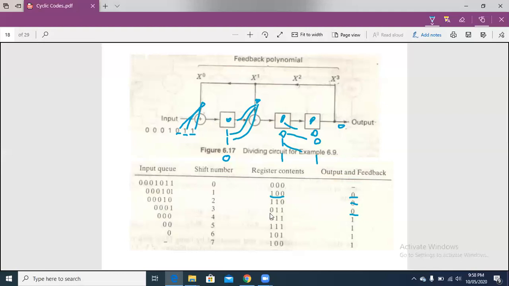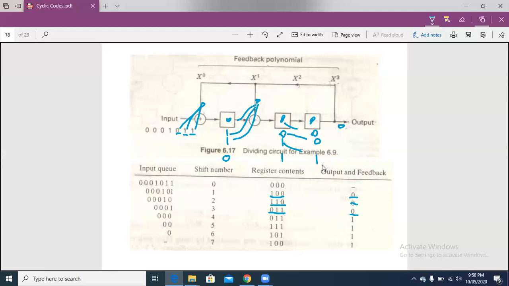The contents of the shift register are 011. Previously it was 110. So that is 000, 100, 110, and 011.